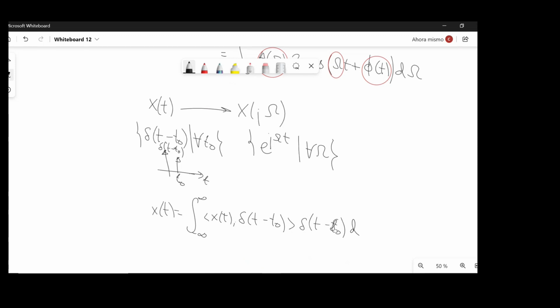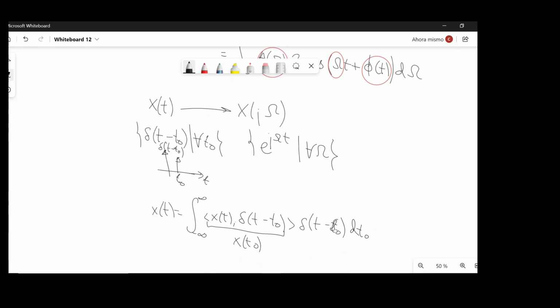It depends on time. So if it depends on time, I cannot integrate on time, because then I would remove the dependence on time. I have to integrate over my basis. My basis is indexed by t naught. What is this? The inner product between these two, x of t and delta.